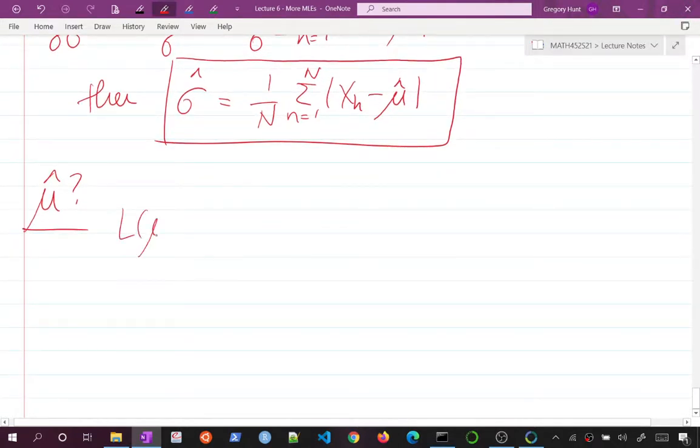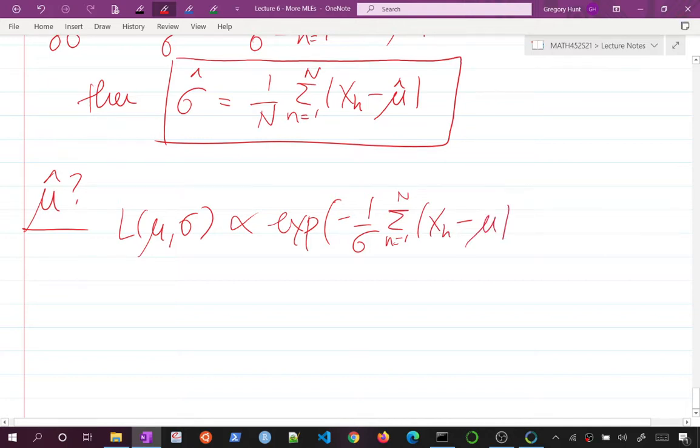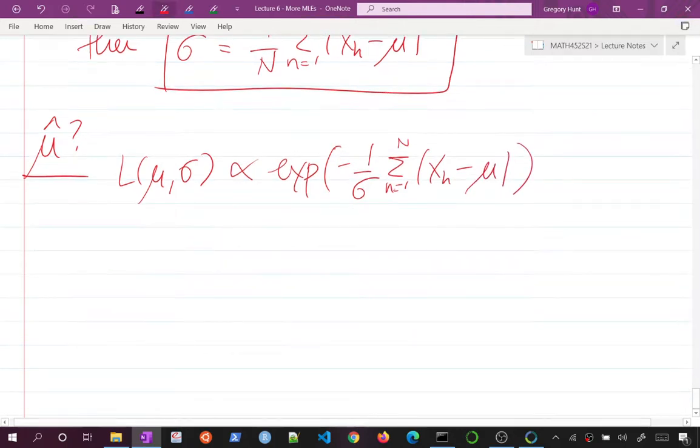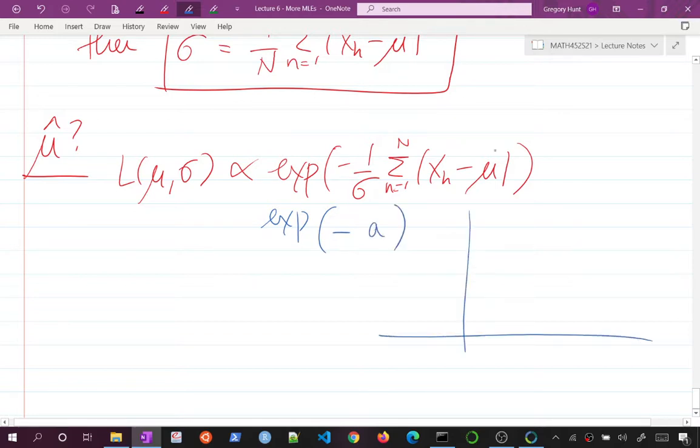Nonetheless, if we look at this thing, it's some constant that doesn't depend on mu, times the exponential of negative 1 over sigma times that sum. So this is kind of like the exponential of negative a, and a has to be positive, because that whole thing is the sum of some absolute values.